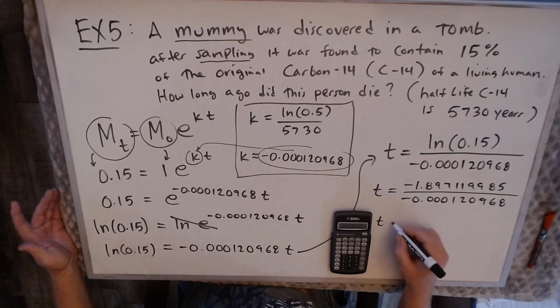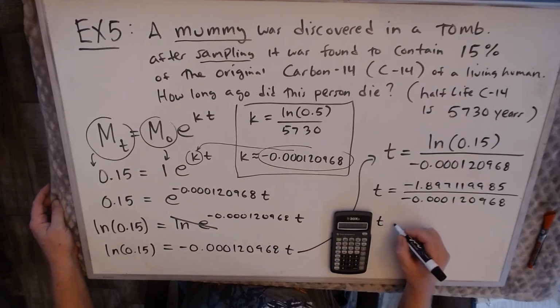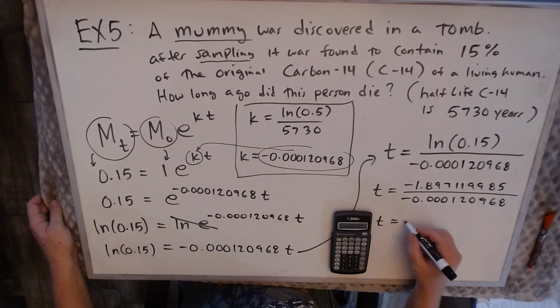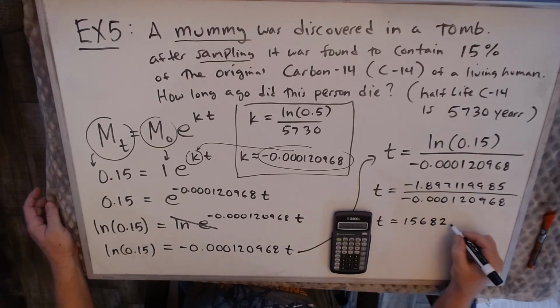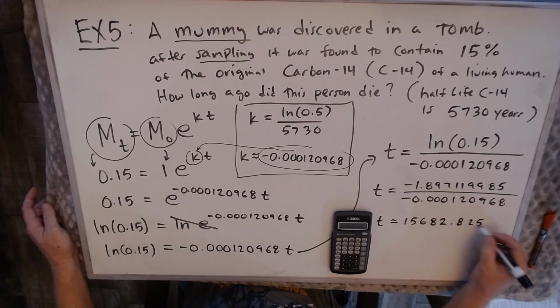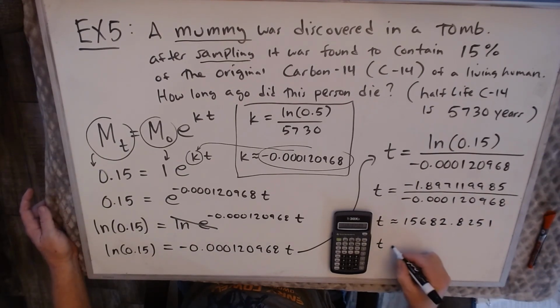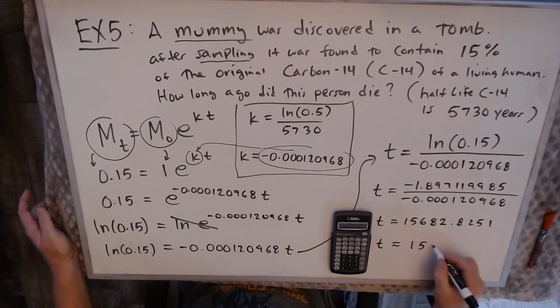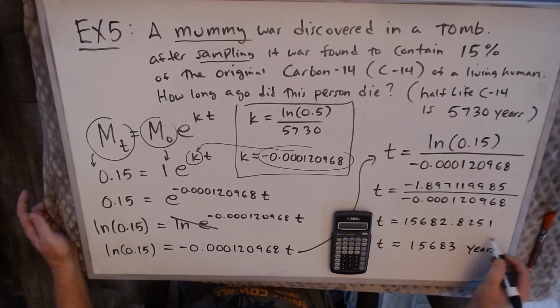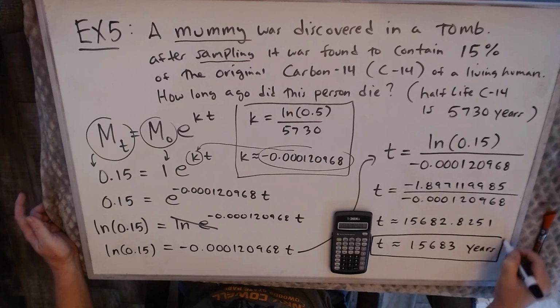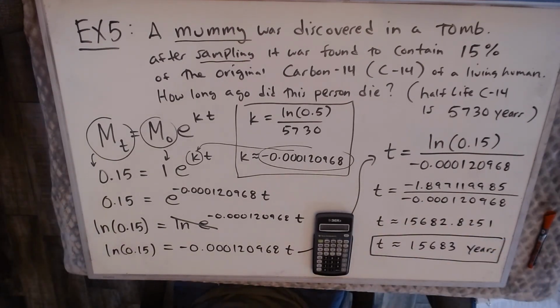And you're going to get T is approximately 15,682.8251, or I would accept 15,683 years. That's an old mummy. 15,000 years old.